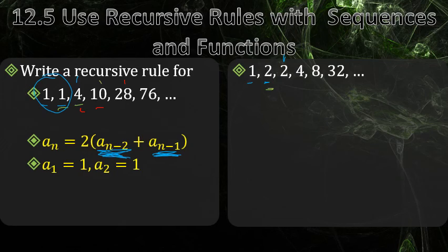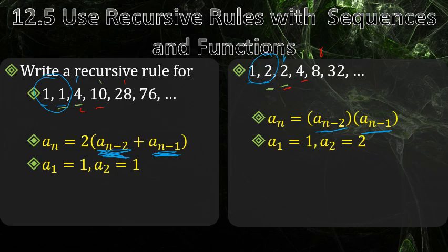What is 2 times 2? 4. What is 2 times 4? 8. So it appears like I'm just multiplying the previous two numbers. So here we go. We just multiply the two numbers. So there's 2 back and 1 back. I multiply the previous two numbers. And since I have two numbers there, I have to give you the first two numbers, a1 and a2.